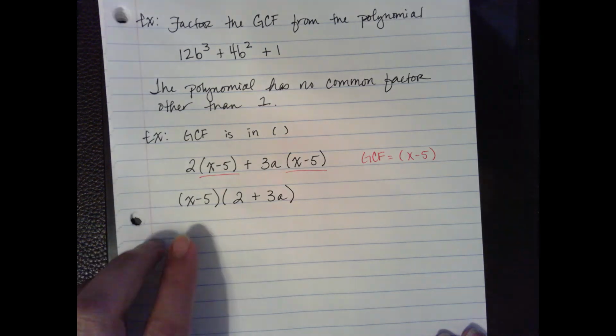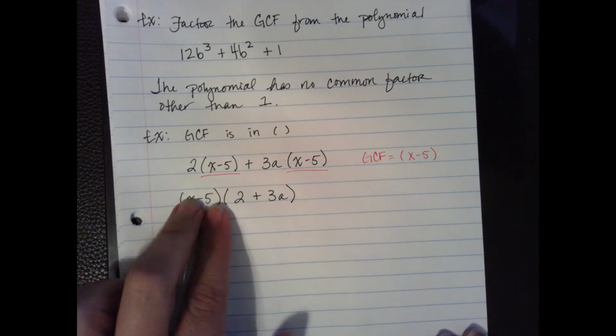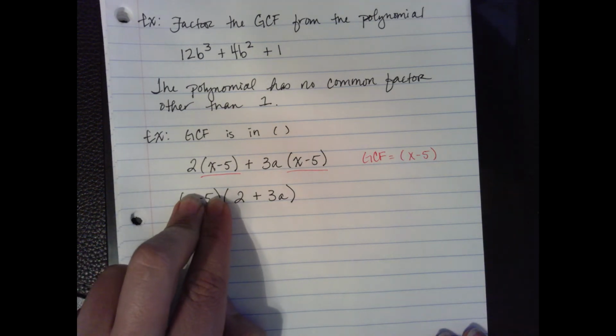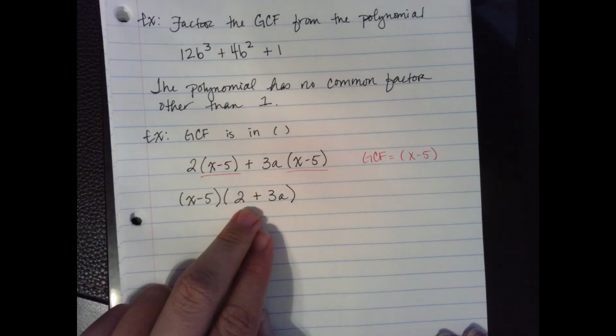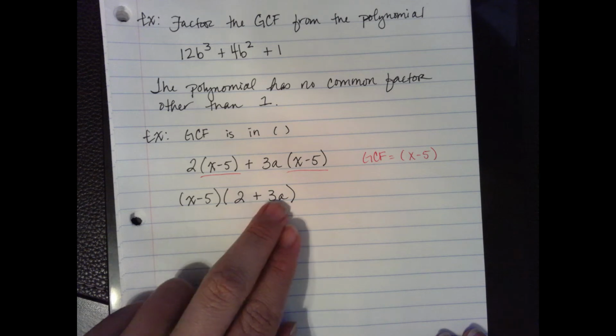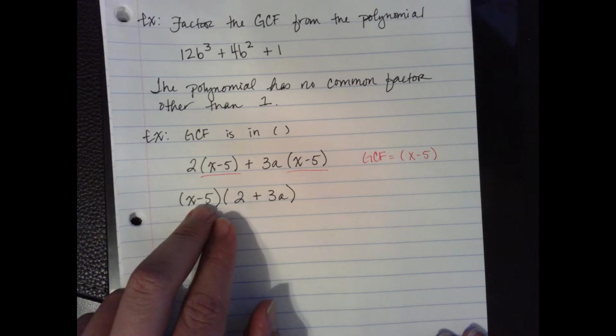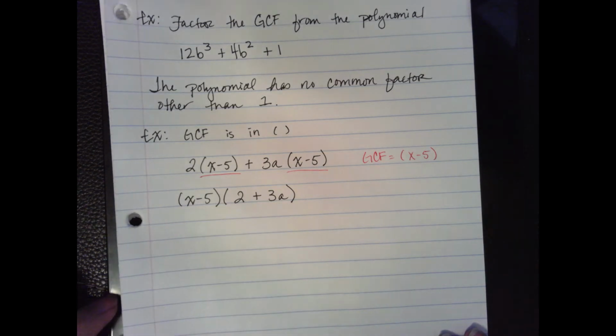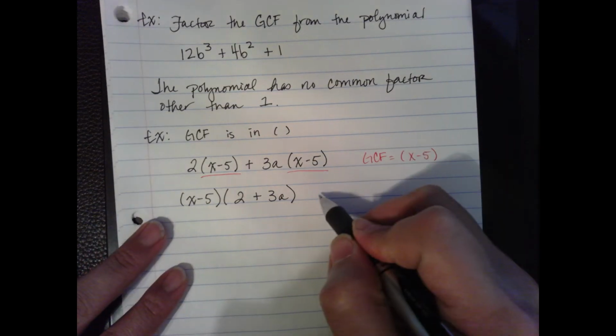Okay, so to check this, we would take our entire set of parentheses and we would distribute that into the second set. So we'd have 2 times (x minus 5) plus 3a times (x minus 5). Okay, so this is our solution.